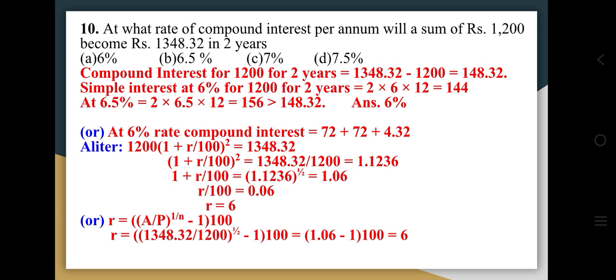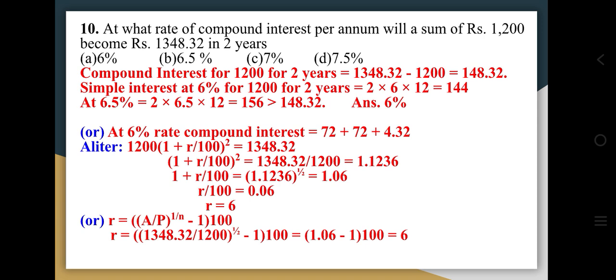But we know the simple interest amount is smaller than the compound interest. But here the simple interest at 6.5% is more than the compound interest. So 6.5 is not the correct answer.